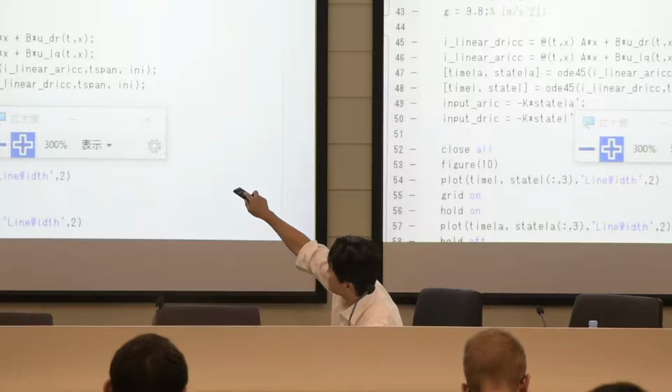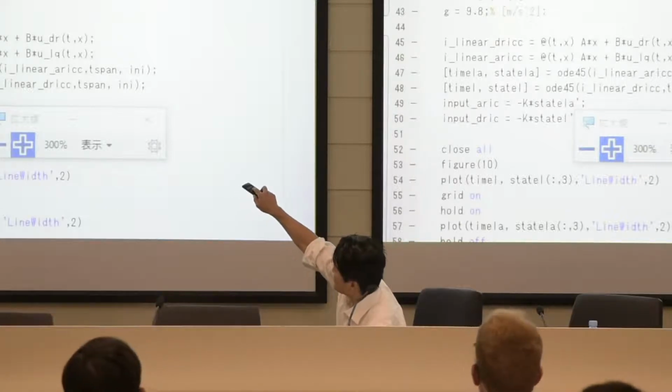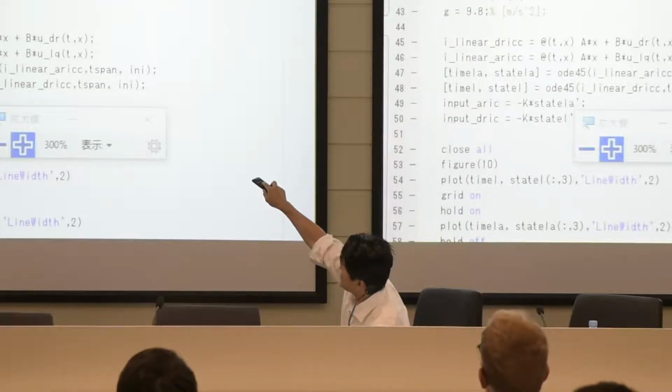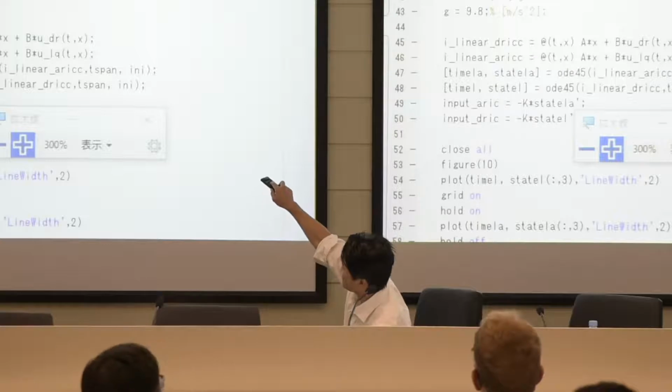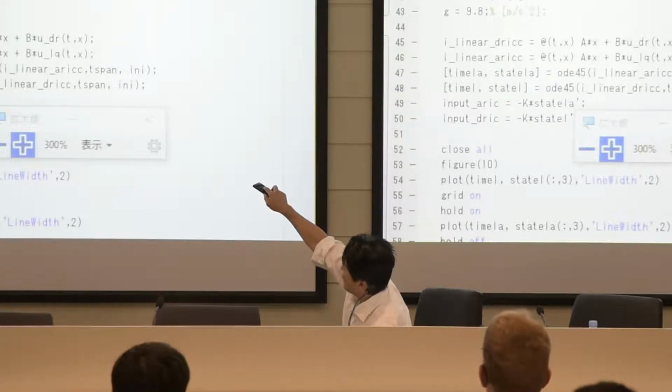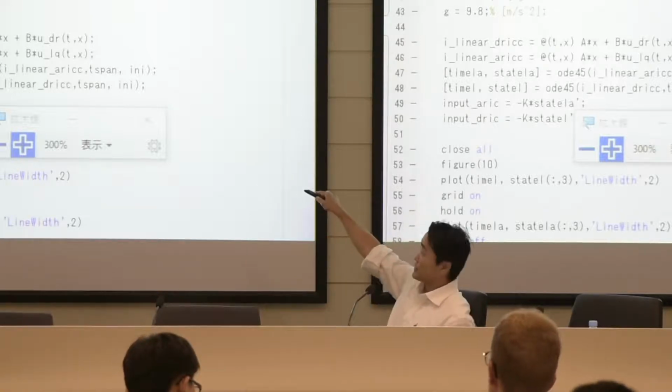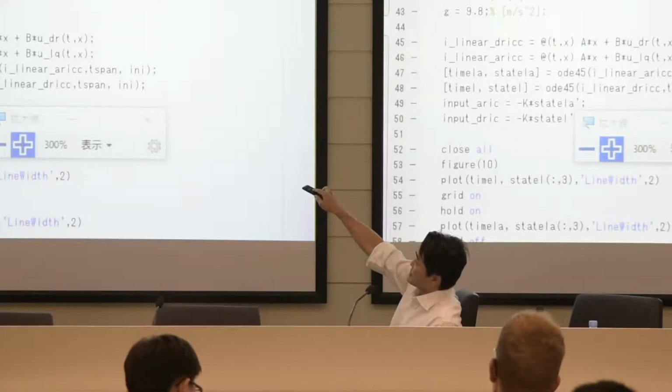A linear system, A times x plus B u. The u here, this part is based on the differential Riccati equation, so finite horizon control. And u_LQ is the one we already computed using the algebraic Riccati equation. This is the optimal stabilizing control.